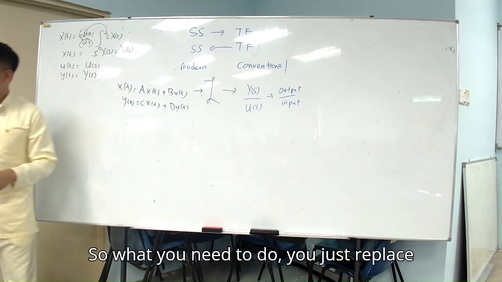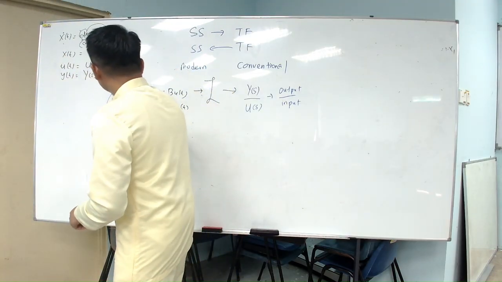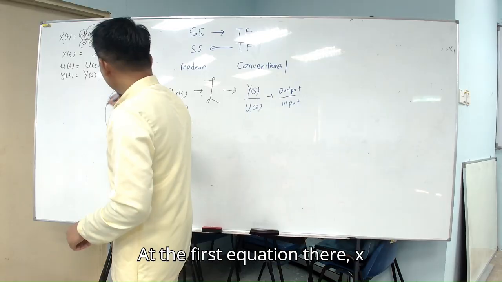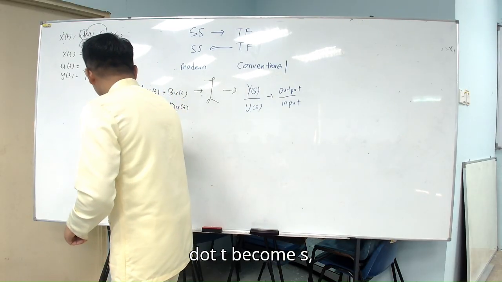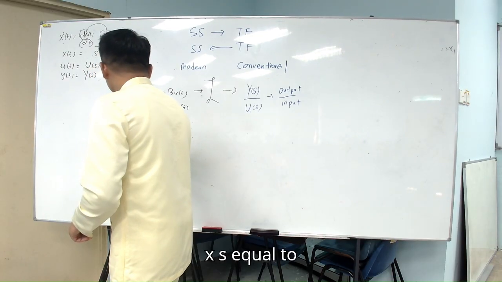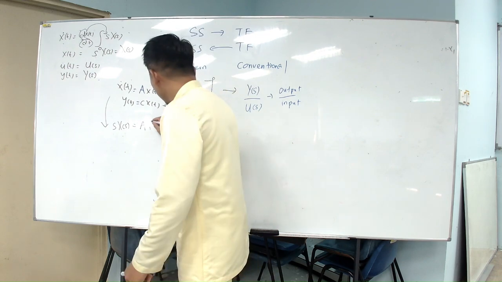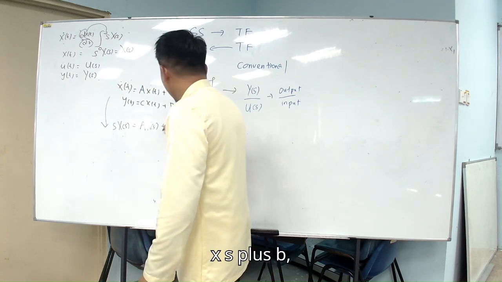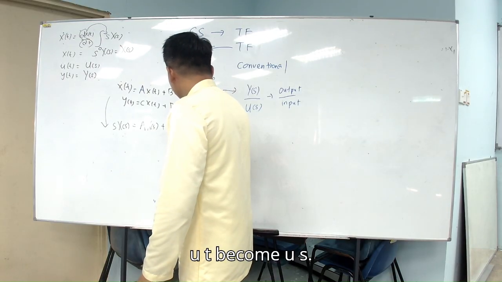Okay. So what you need to do, you just replace. At the first equation there, x dot t becomes sX(s) equals A, x(t) becomes X(s), plus B, u(t) becomes U(s).